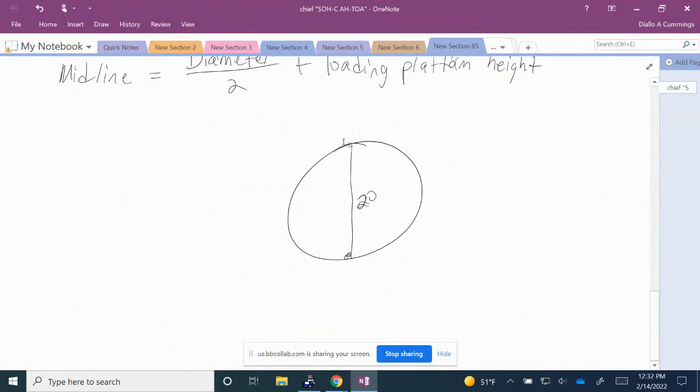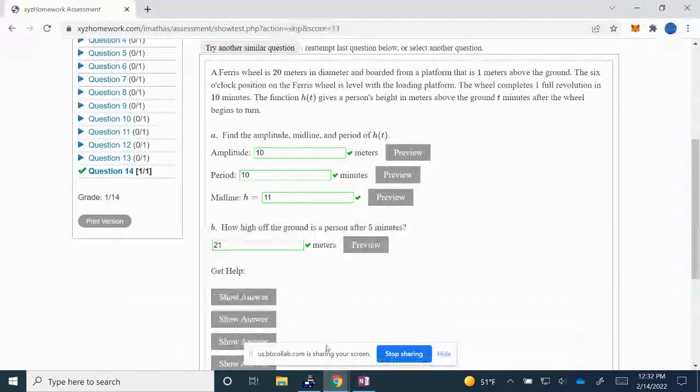So your height above the ground is the actual height of the Ferris wheel, which is 20 meters, plus that one additional meter for the loading platform. That would put you at a height of 21 meters in the air.